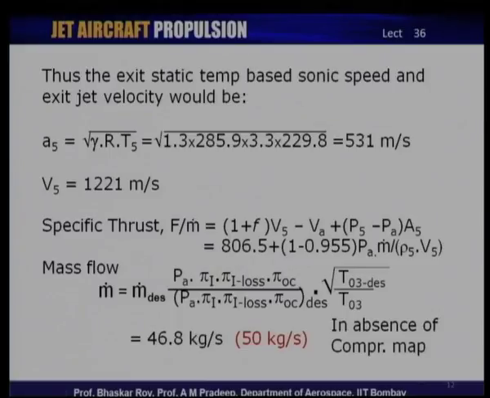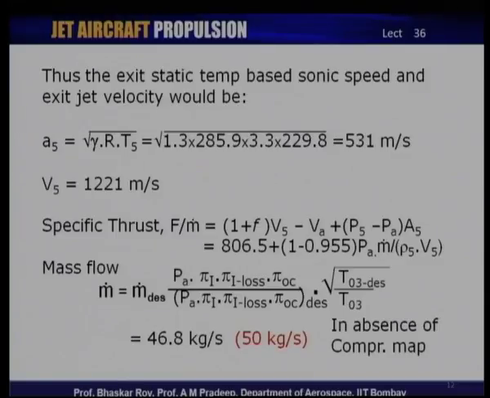Now, as you can see here, the mass flow now is less than the design mass flow, which was given as 50 kilograms per second. So, our off design mass flow is now less than the design mass flow.